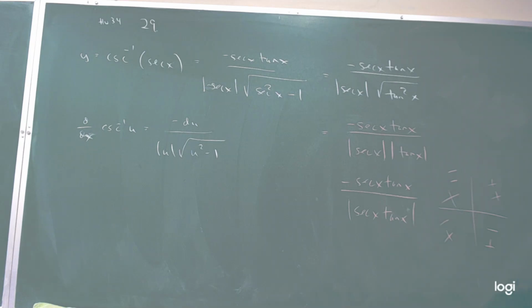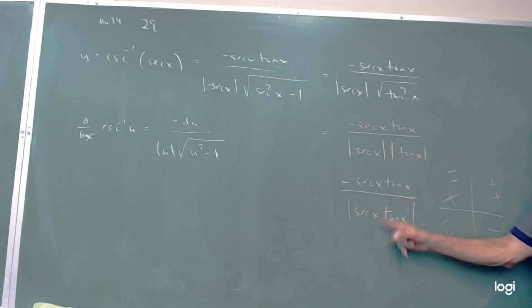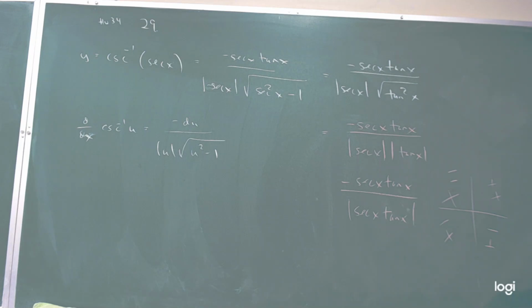So we don't have to actually say that. Even the original functions, secant and tangent, are undefined when the denominator is 0. Tangent also wouldn't work when sine is 0. But I don't think we have to worry about that unless they ask for it.